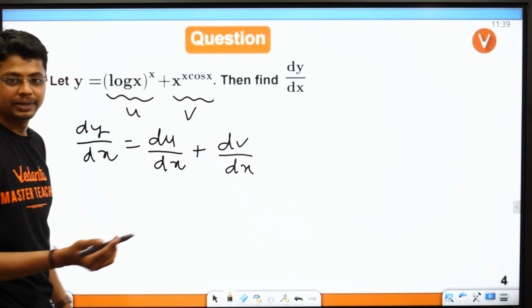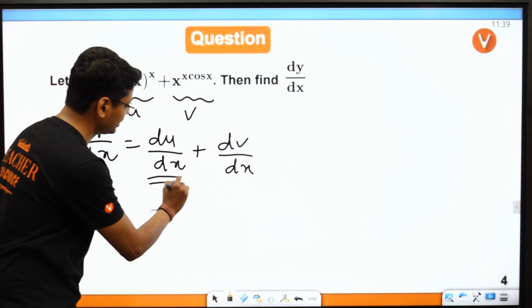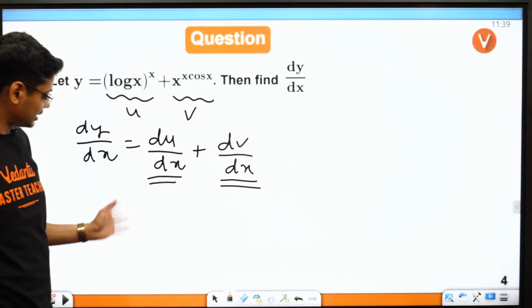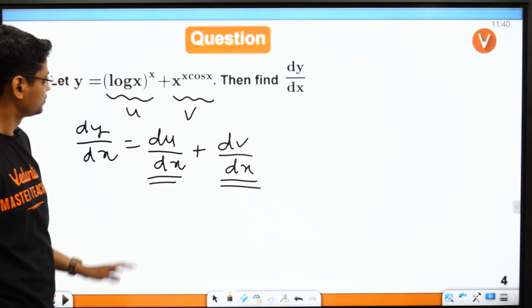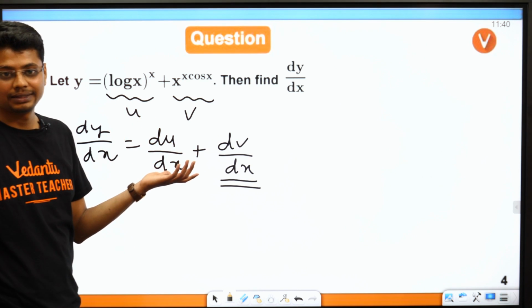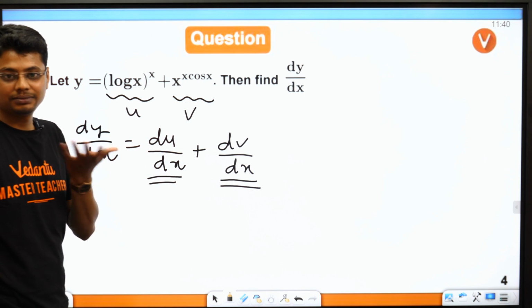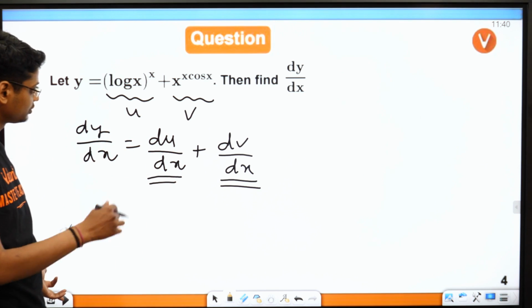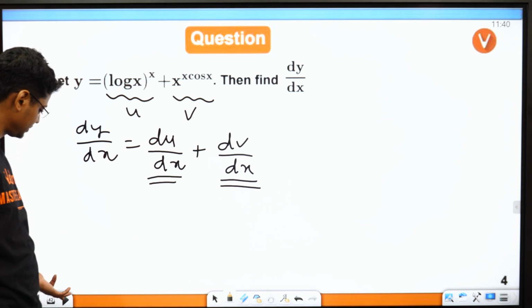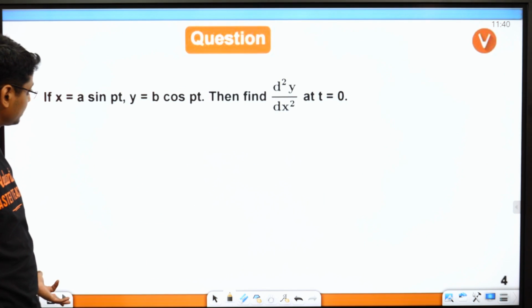You can use logarithmic differentiation to evaluate these, and the solution has been provided and it would be shared with you. Simple. So this is an important question that is generally asked in boards. From the boards point of view, it is important, and you have to ensure that there is no calculation mistake. All right, let's move ahead.